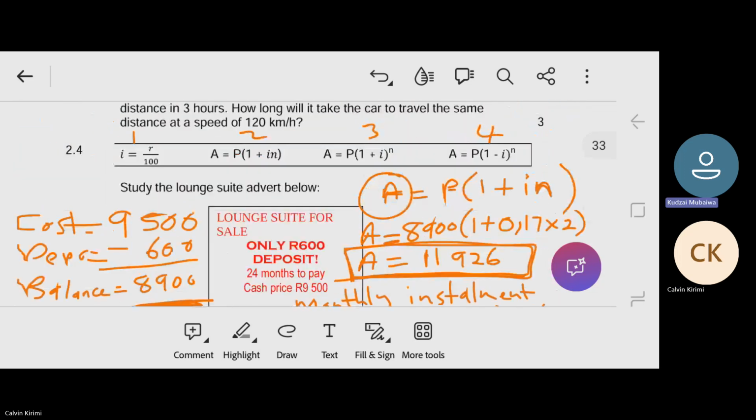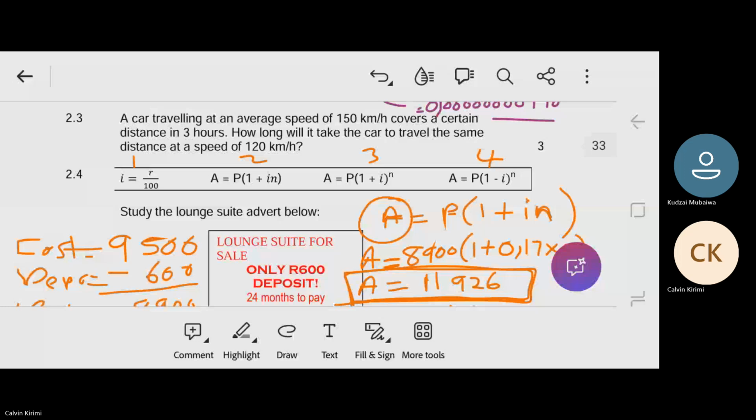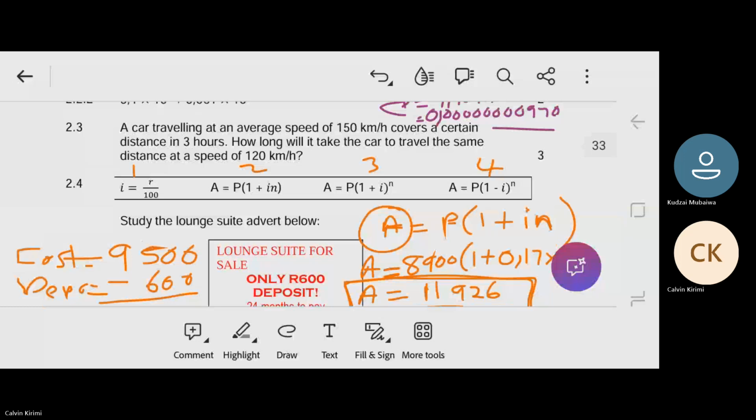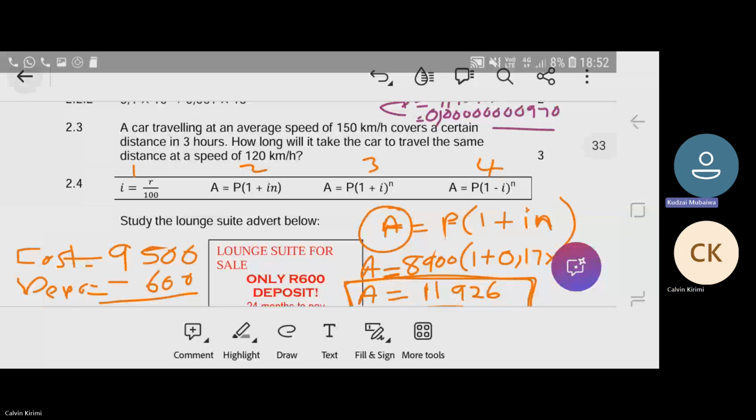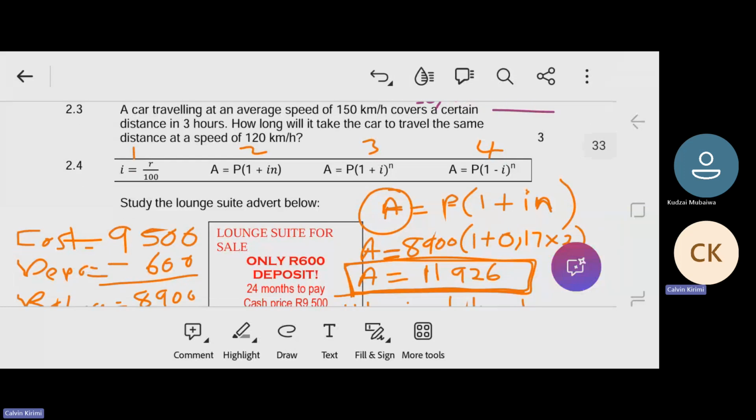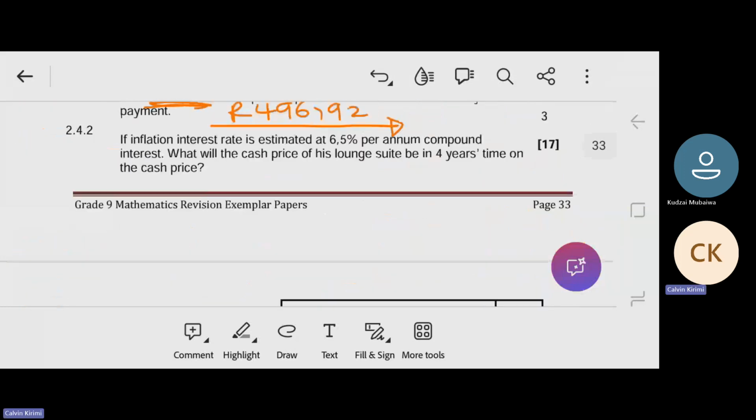Can you please go to the formulas, sir? 1, 2, or 3? Formula number 3, which says A equals P bracket 1 plus i to the power n. So we are going to use that.